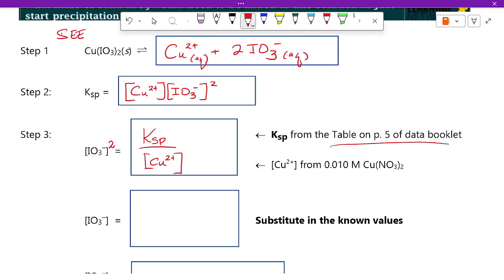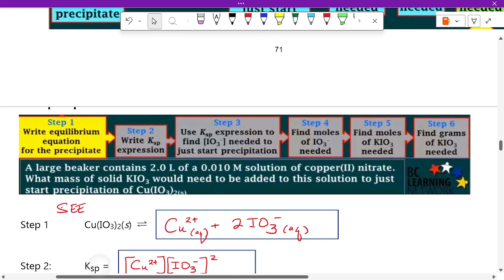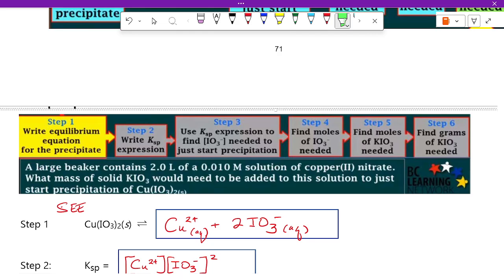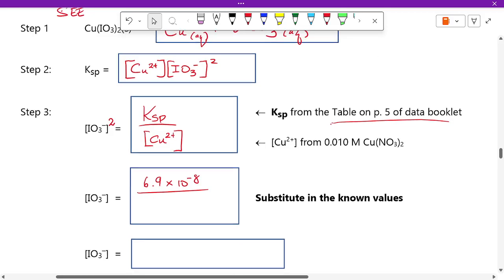Copper iodate is 6.9 times 10 to the minus 8. 6.9 times 10 to the minus 8 divided by, and we have to go back and look, what was our concentration of copper? It was 0.010 molar.